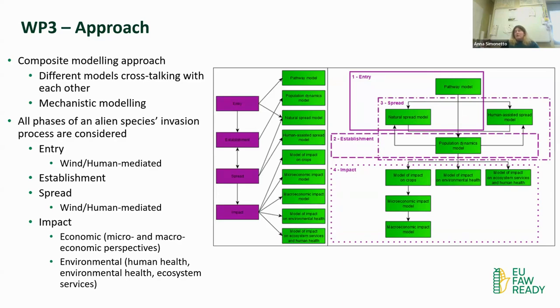That is a population dynamics model analyzing the population at different stages of the pest. The spread model, both human- and wind-mediated spread. And finally, the impact framework that is composed of the economic model, micro and macro, and the environmental model, focusing on human, environment, ecosystem services.